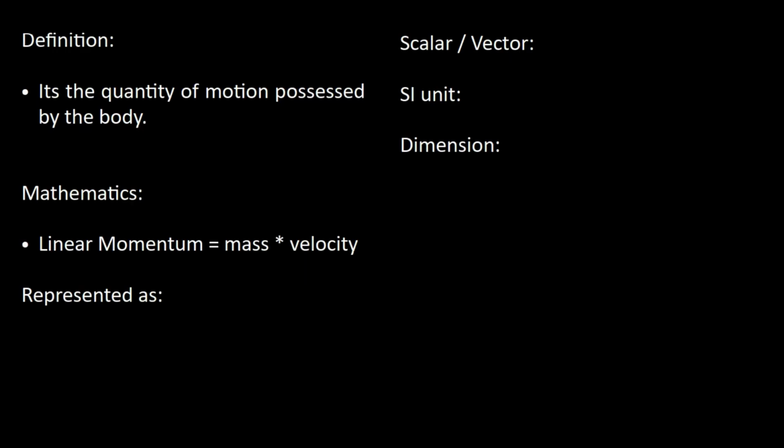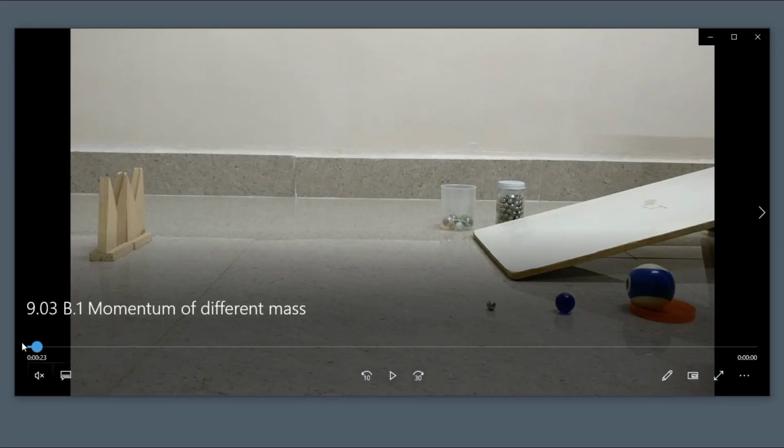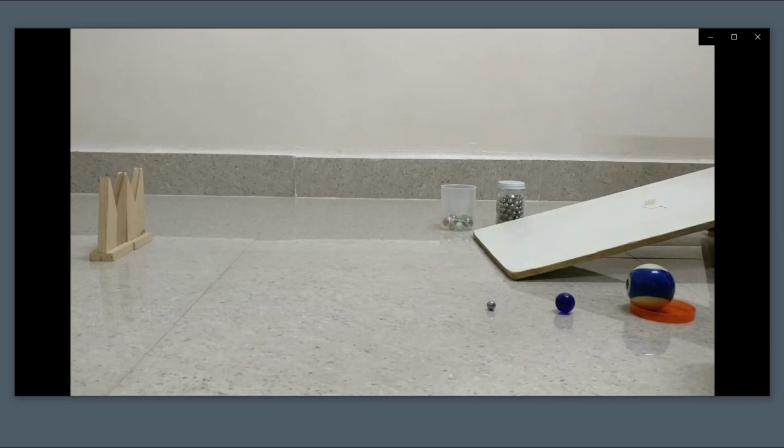And so we have mass into velocity as the formula. And when it comes to this, we have the ball bearing, which has a smaller mass compared to the marble and compared to the billiards ball. Billiards ball has the highest mass. All of them, to some degree, will gain the same velocity.